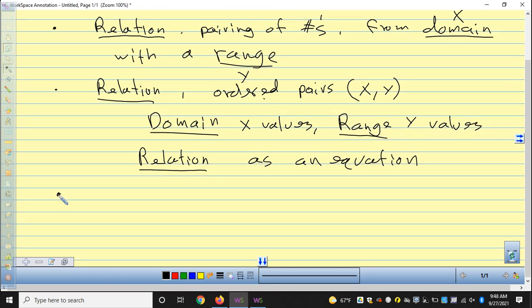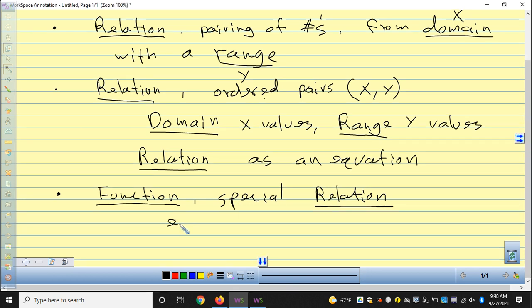Now at the top of that first section, a function is a special type of relation in which each value in the domain is paired with exactly one value in the range. And that is an important thing about functions.